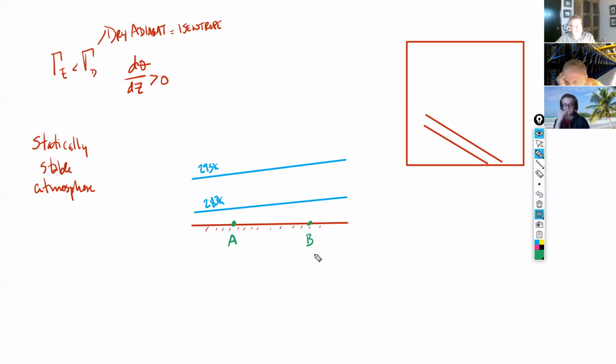Well, if you imagine the way I'm thinking about it, if you put a value of theta through B, that value is going to be, let's say, 273.